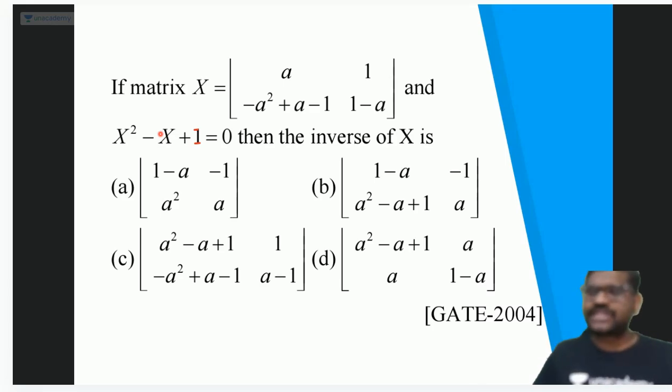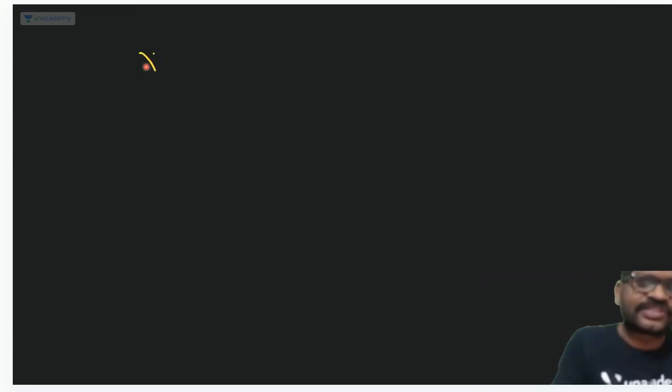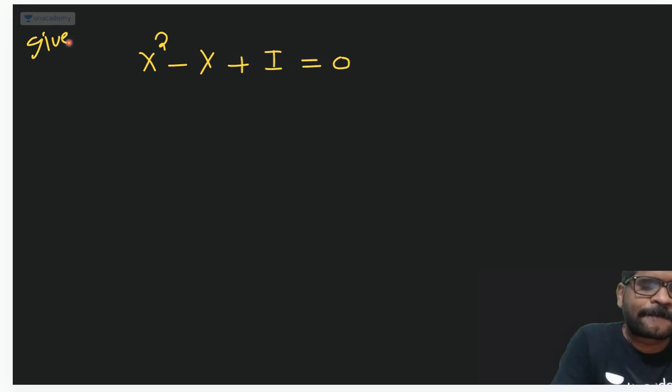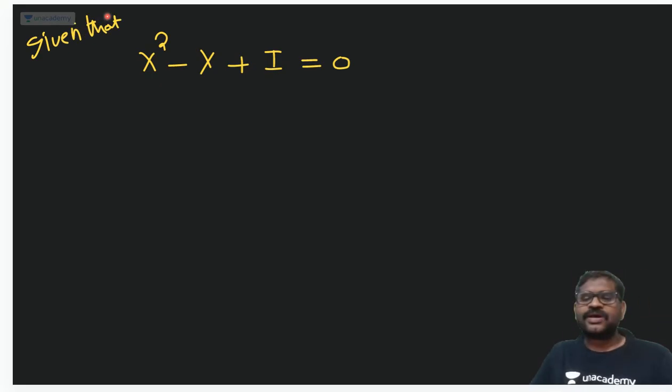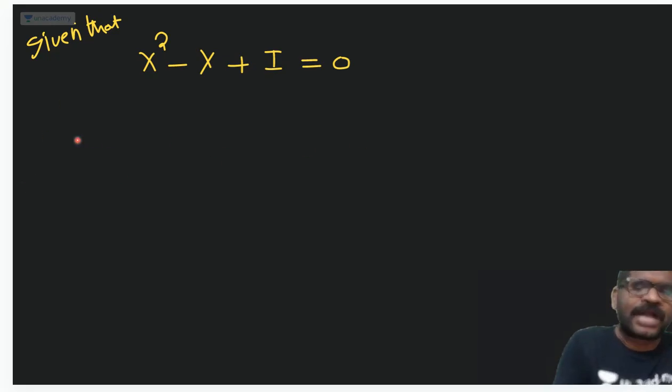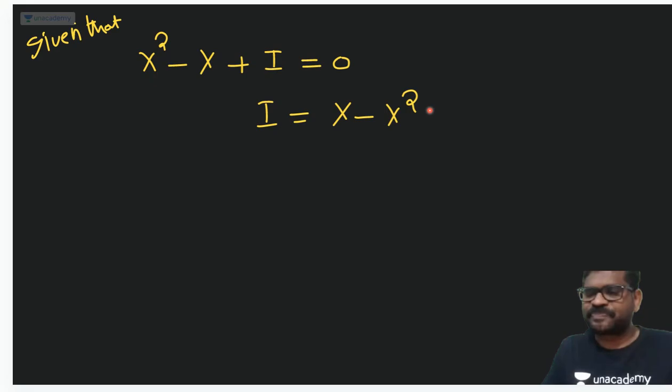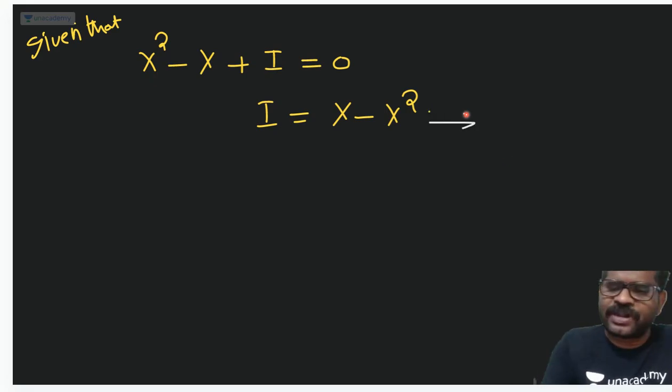By using that relation, we are going to find the inverse. X² - X + I = 0. It is not my assumption, it is given in the data. Now, you have to find X inverse. That's why I = X - X². Call it equation 1.